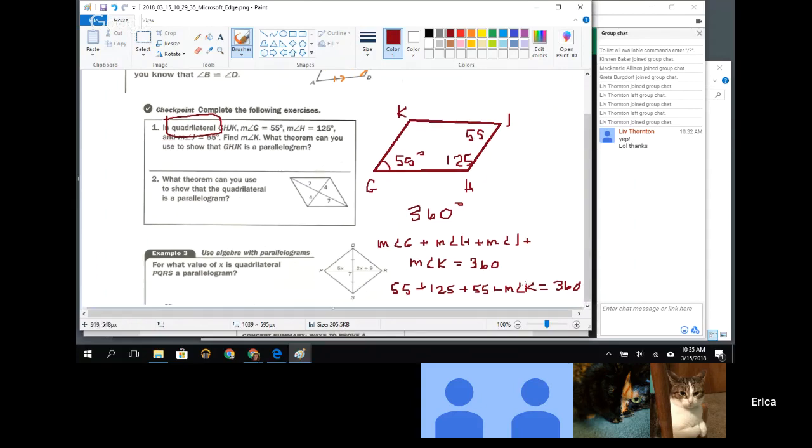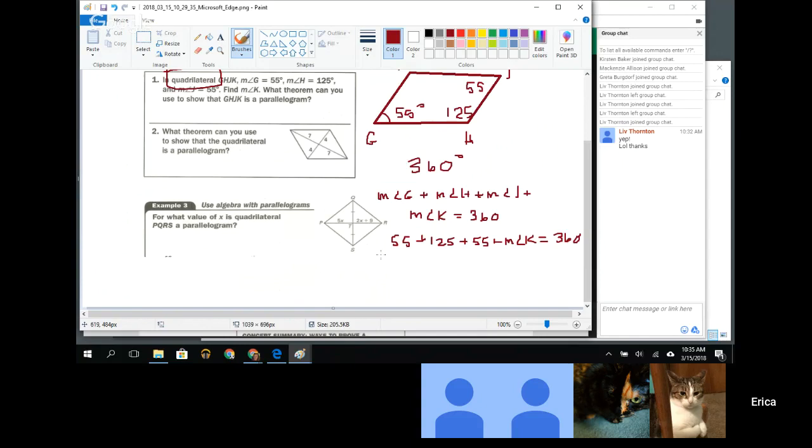If I do the math, I add up 55 plus 125 plus 55, and I subtract it from 360, I get the measure of angle K equals 125 degrees. So this is 125 degrees.